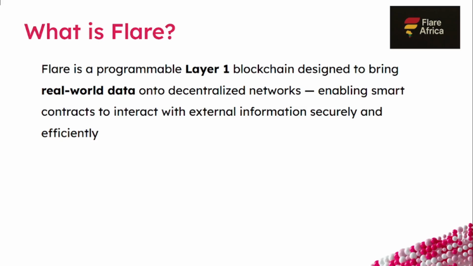So before that data is even provided to your smart contracts, it has gone through a process of evaluating its authenticity by the entire set of validators, the entire set of data providers. So you're receiving information in a form that is secure and efficient. And we will see how this actually happens in real practice.